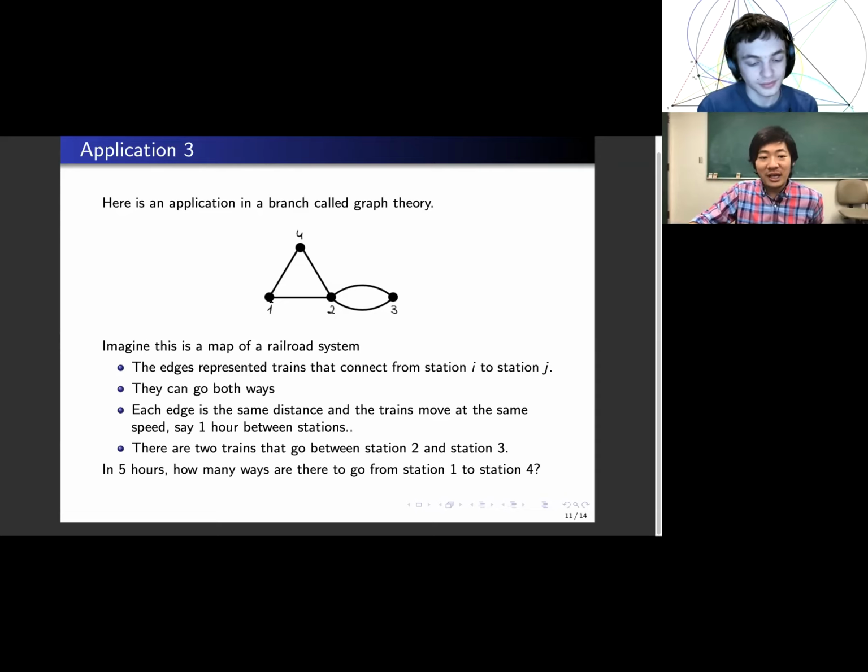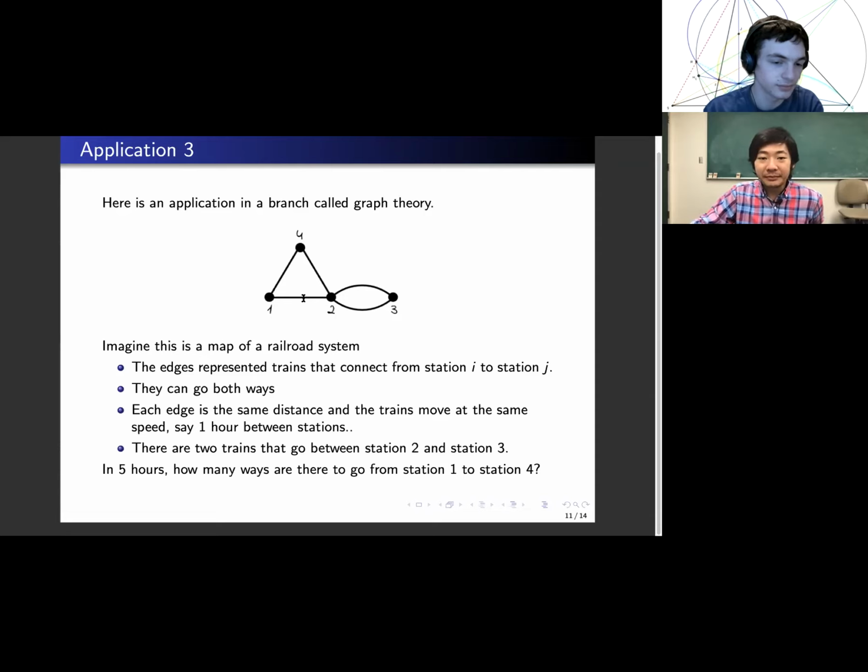So then one possible way would be to go from 1 to 2. So let's see, 1, 2, 3, 4, 5. So in 4 hours, you can explore these stations, come back, and then in the last hour, go here. Can you go around this thing twice? 1, 2, 3, 4, 5. So you cannot.